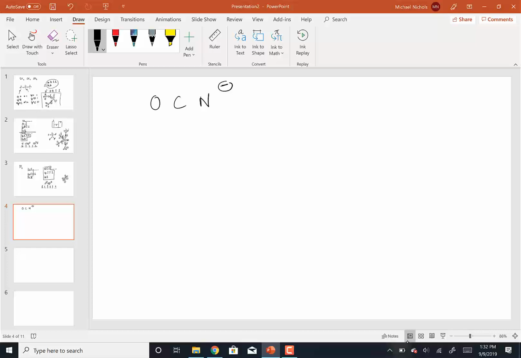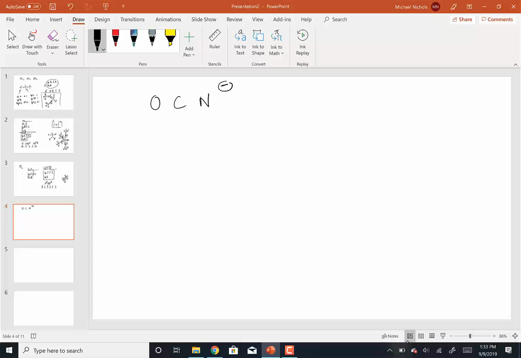If I violate that, I certainly will do so later on, because a C+ cannot have a completed octet. A C dot, the radical, cannot have a completed octet. So whenever we have those kinds of structures, they don't have completed octets. Do they have valid resonance structures? Yes, but we'll get to that. Okay, so OCN, there are 3 resonance structures that we can draw for this.